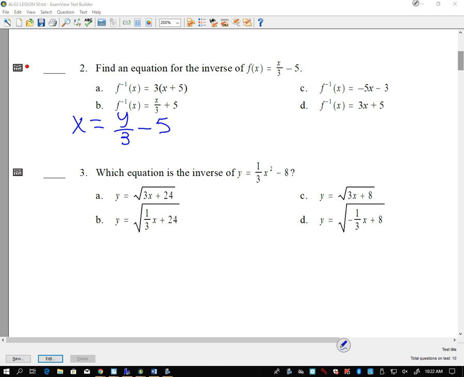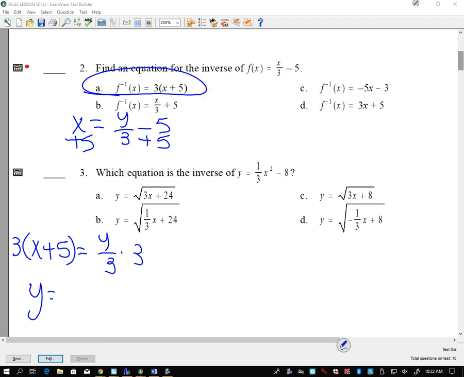You said add 5. So I got x plus 5 equals y divided by 3. Multiply by 3 on both sides. How much do I multiply by 3 over here? I multiply the whole thing by 3, right? So y equals, and let's see. It looks like they go with just y equals 3 times (x plus 5).